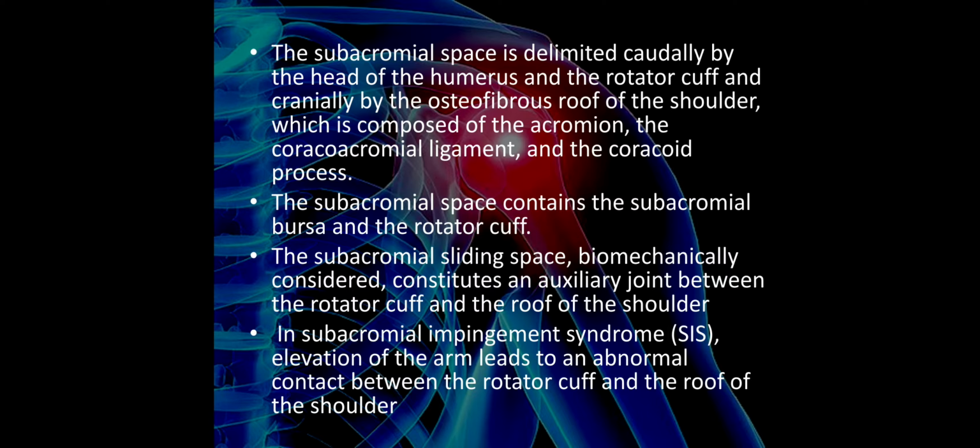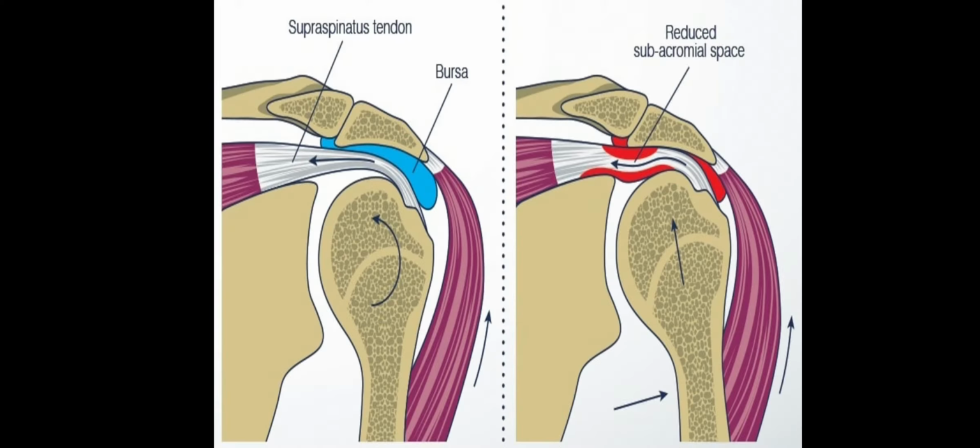The subacromial space contains the subacromial bursa and the rotator cuff, and the subacromial sliding space, biomechanically considered, constitutes an auxiliary joint between the rotator cuff and the roof of the shoulder. In subacromial impingement syndrome, also called SIS, the elevation of the arm leads to an abnormal contact between the rotator cuff and the roof of the shoulder.